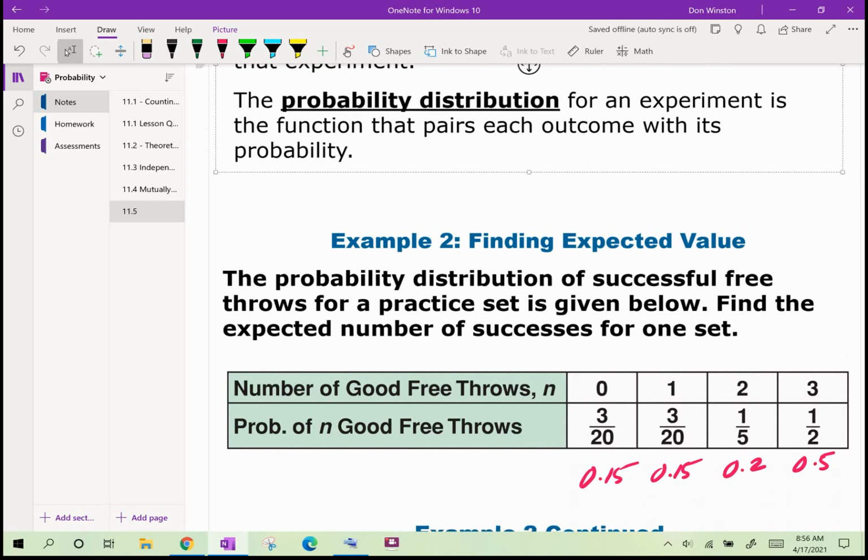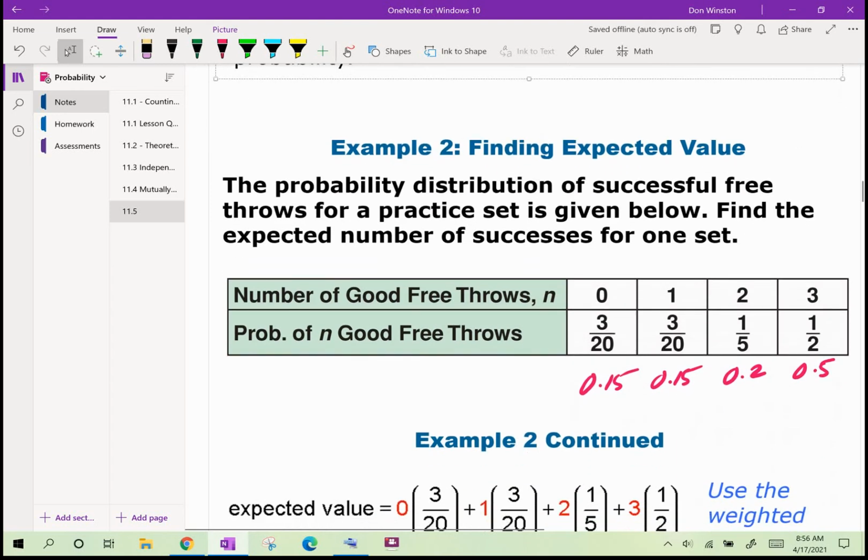So here we have the probability distribution of successful free throws for a practice set given below. Find the expected number of successes for one set. So here we see that the probability that someone had 0 free throws in that set was 3/20, or 15%.